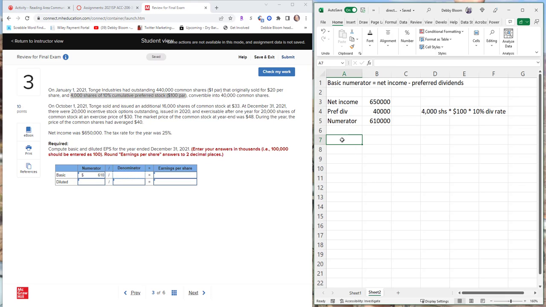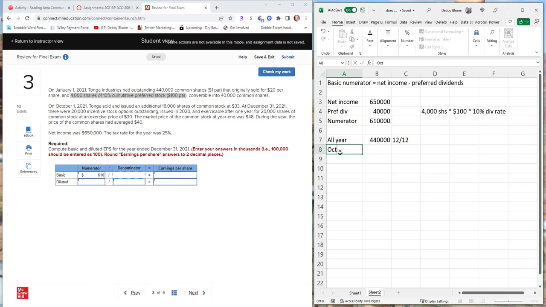Now, let's calculate the denominator. So we have shares that were outstanding all year. Those were 440,000 shares, outstanding 12 months, so a ratio of 12 over 12. Then we were told that Tanj sold and issued an additional 16,000 shares of common stock on October 1st.